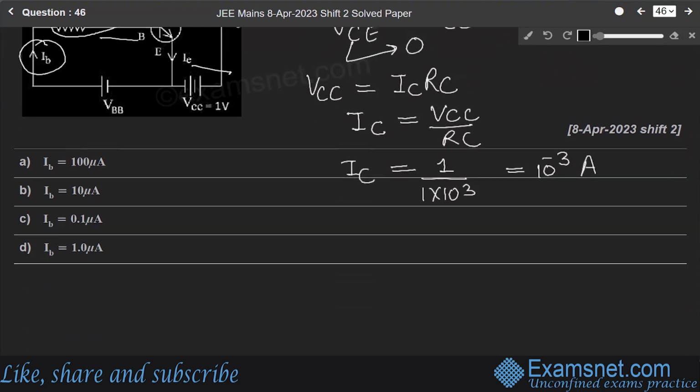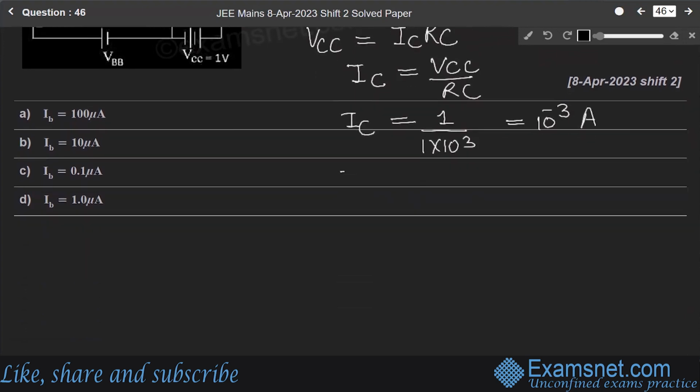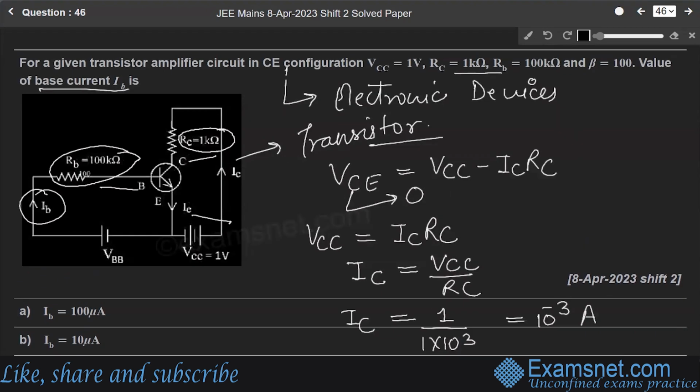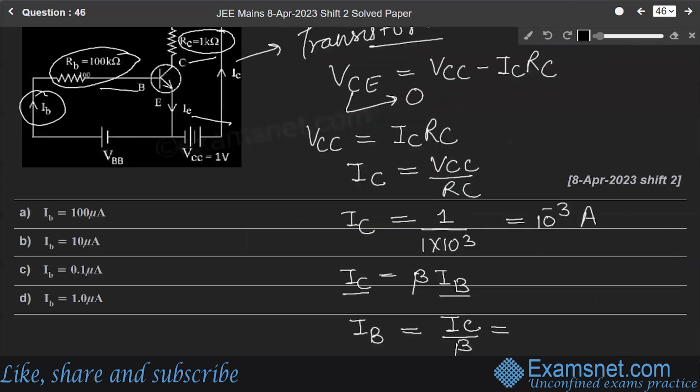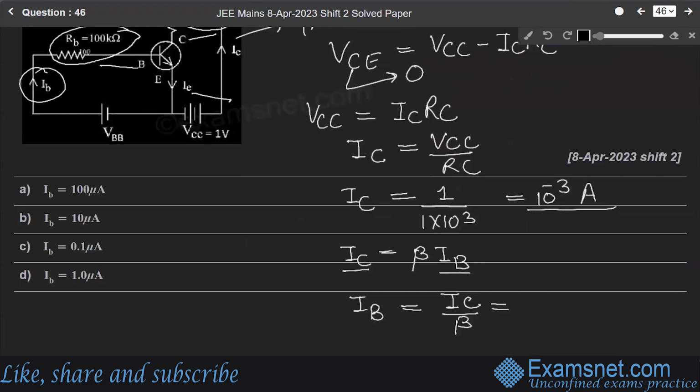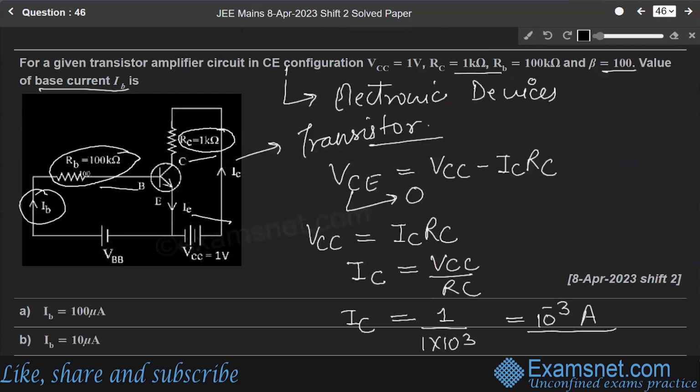Now, another famous relation is that IC equals beta into IB, where IC is the collector current, beta is the current gain and IB is the base current. In the question we are asked for the base current. So IB equals IC over beta. IC is 10 to the power minus 3 ampere and beta is 100.